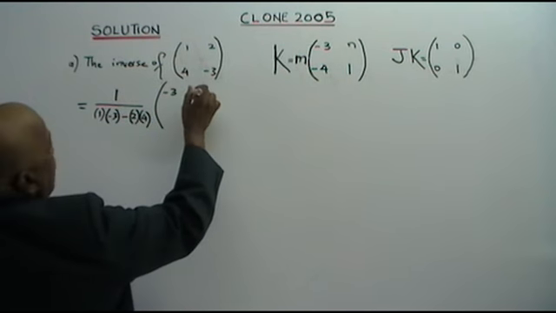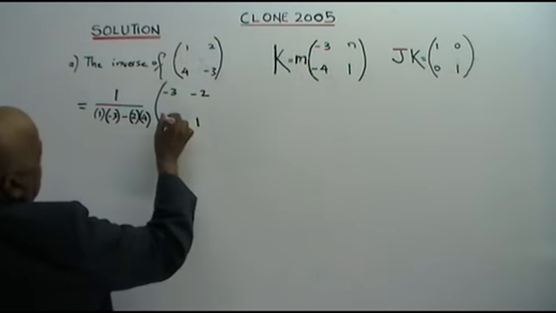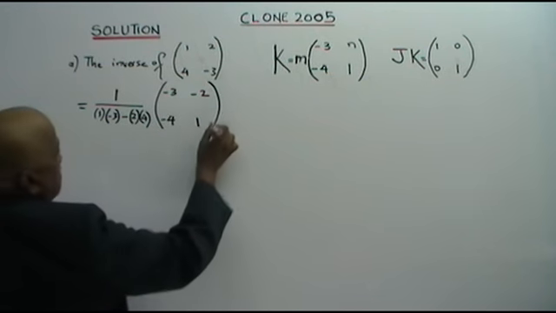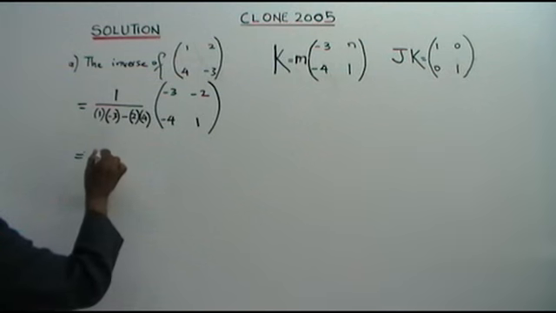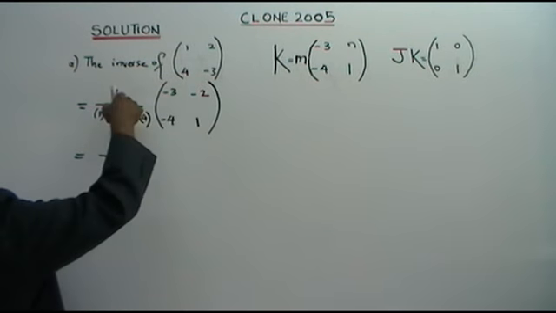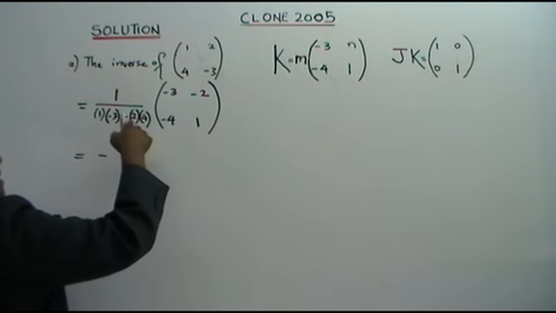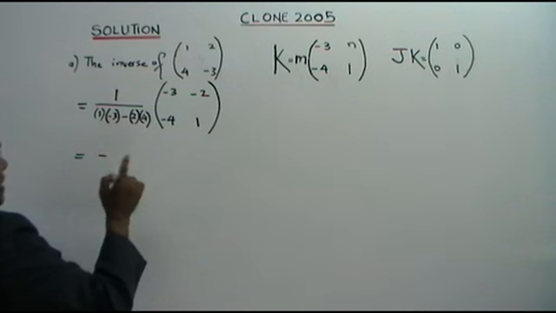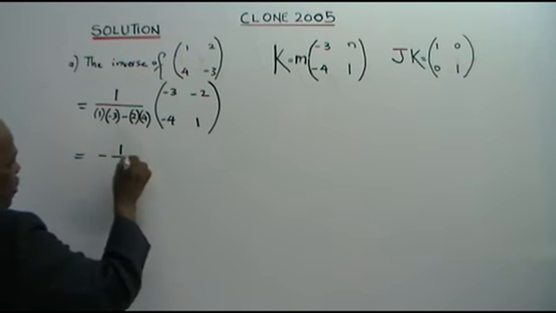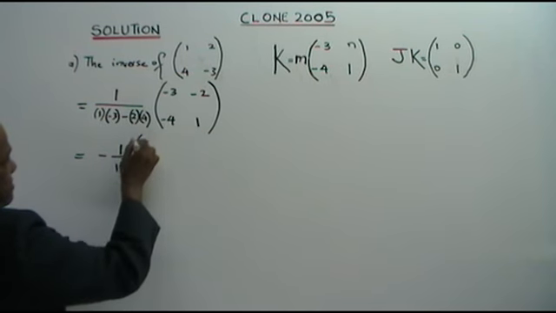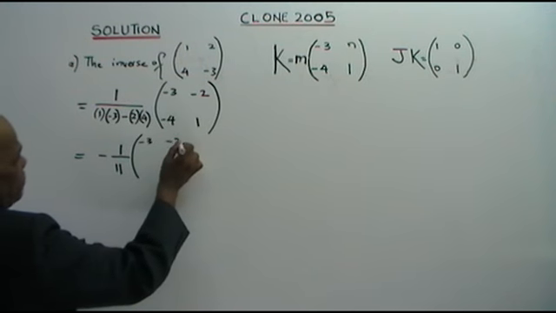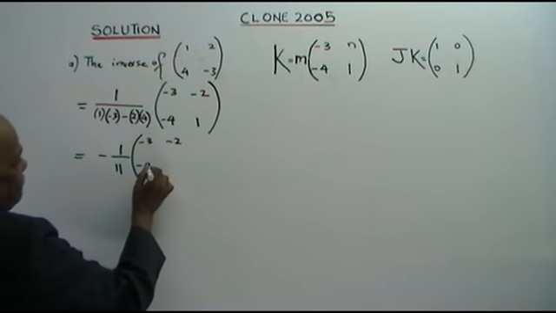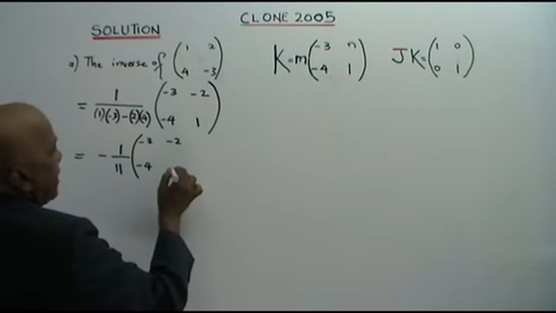These two change the sign. Get it? So now you get negative 3 minus 8, negative 11. Negative 1 over 11 times negative 3, negative 2, negative 4 and 1.